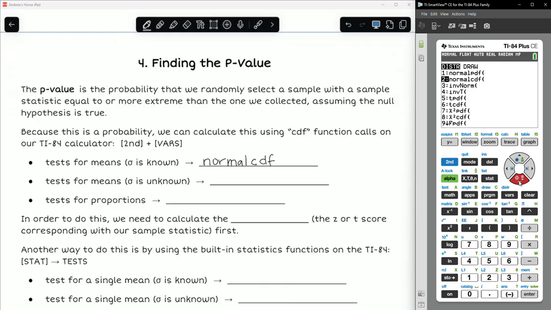If I'm testing claims about a proportion, I'm going to use normal CDF. If I'm testing claims about a mean and I do not know my population standard deviation, I'm going to want to use t-CDF because I'm using the student t-distribution.